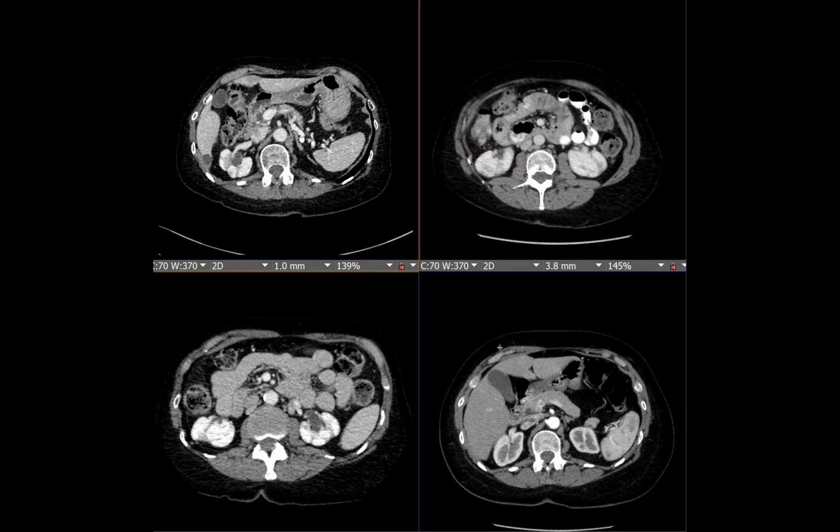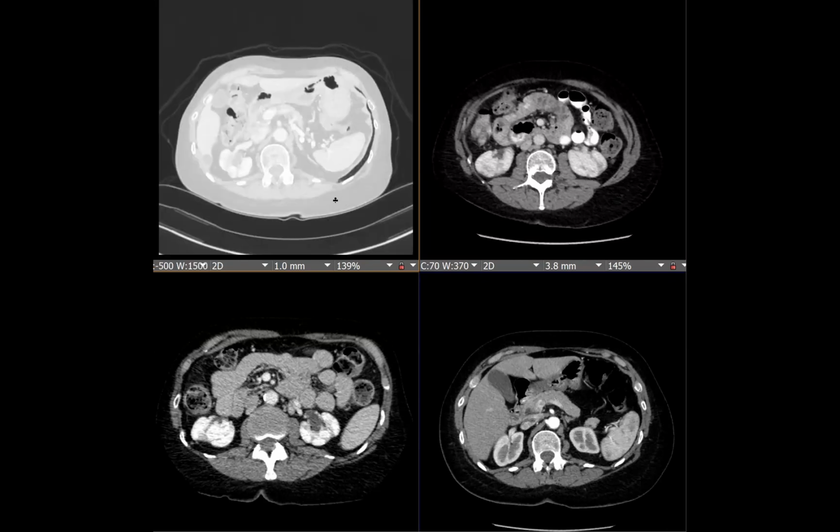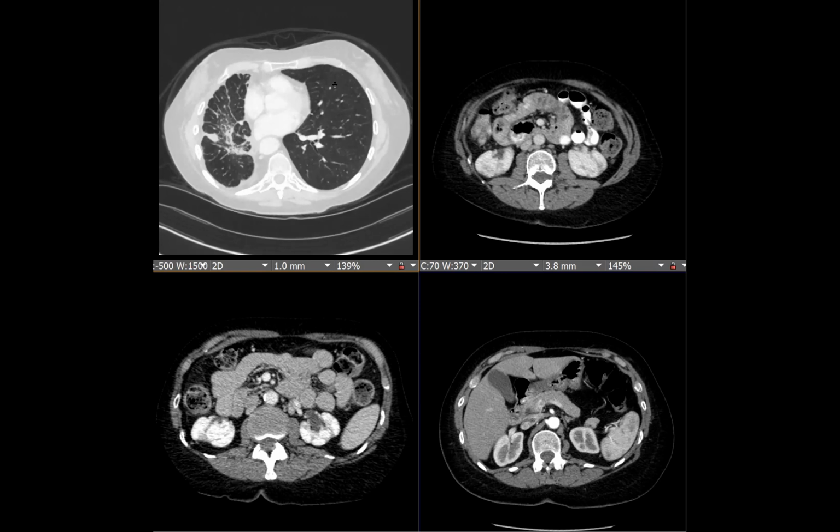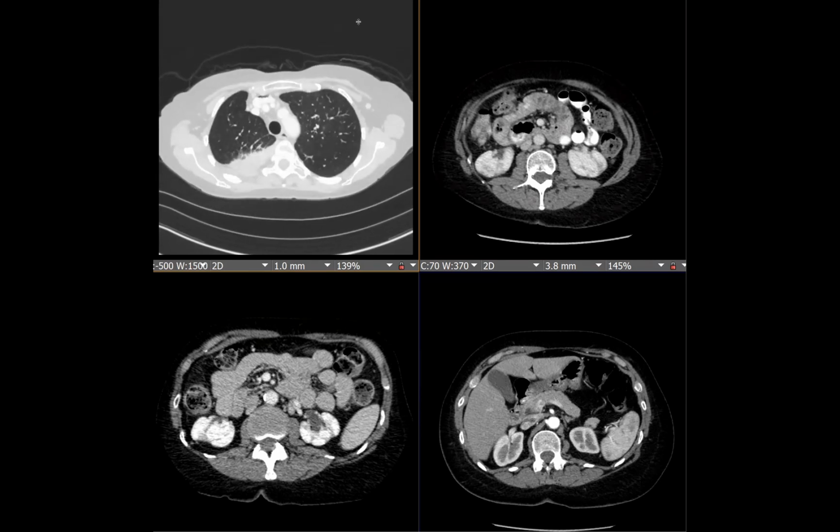And I was lucky enough to be able to see all of these exams because we have them. We've been following this patient for a while at our institution. The only other thing, and this was a learning point for me, is that there's obviously a lot of other manifestations of IgG4 disease, but one of the manifestations is these ground glass and consolidated opacities in the lungs.